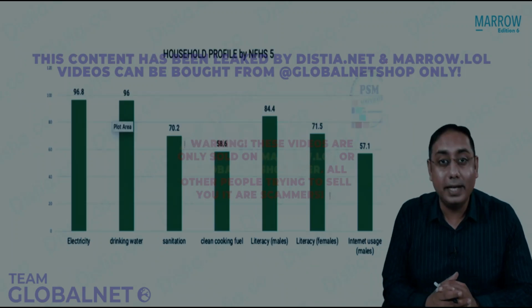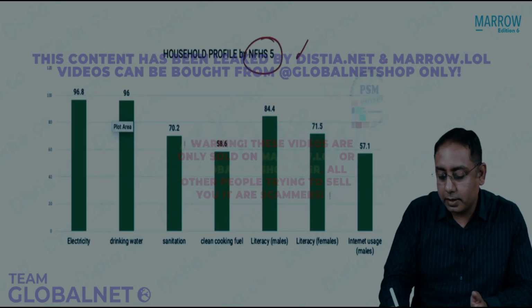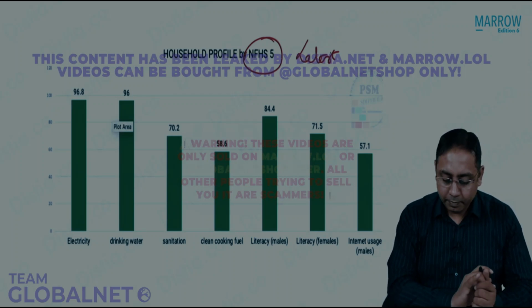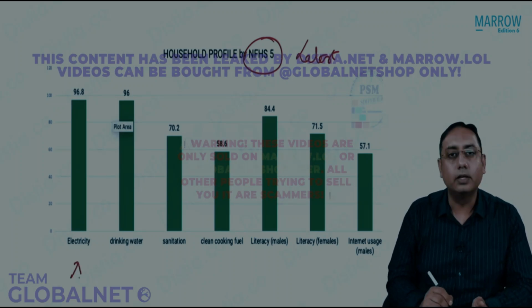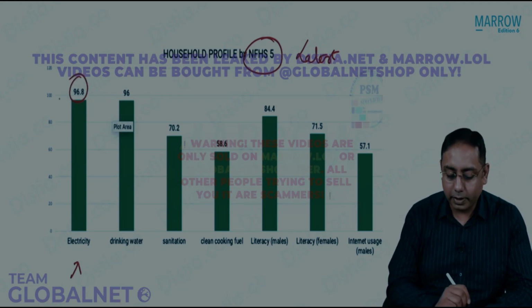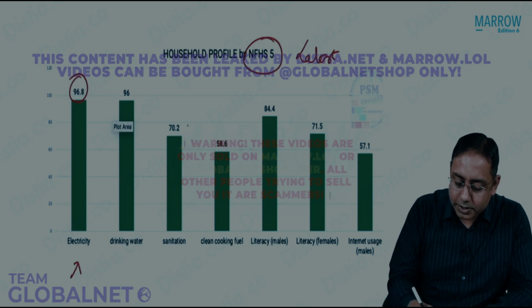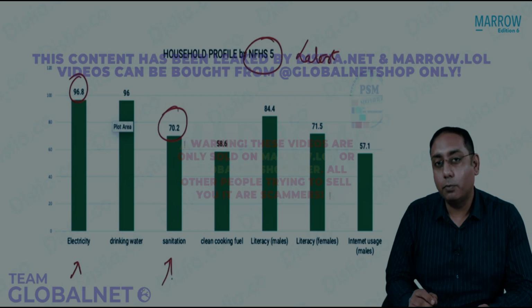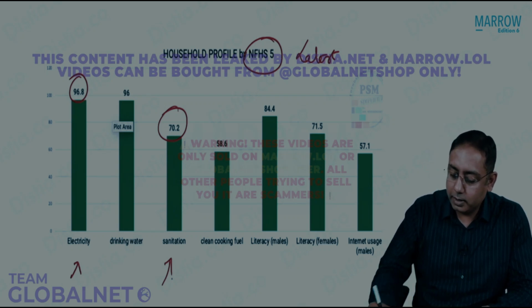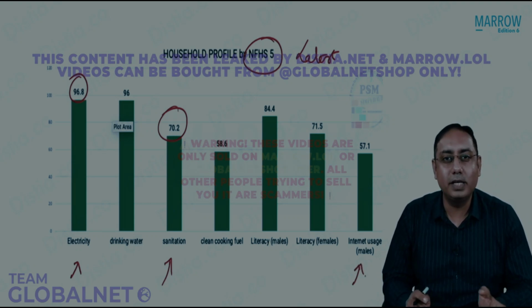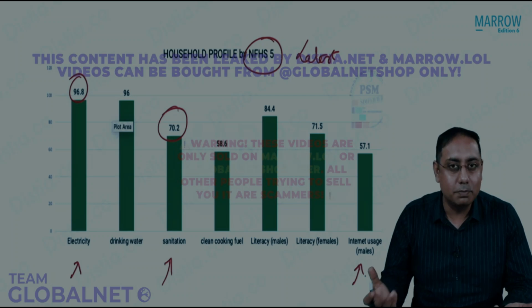If I just show you the latest data, this is from the NFHS 5 data, which was 2019-20. You can see that the population who already have electricity in their homes is a good number, 96.8. But good toilet facility was available to only two-thirds or 70% of the Indian population, and internet use in males was very low, like 57% of the males were actually using internet or smartphones.